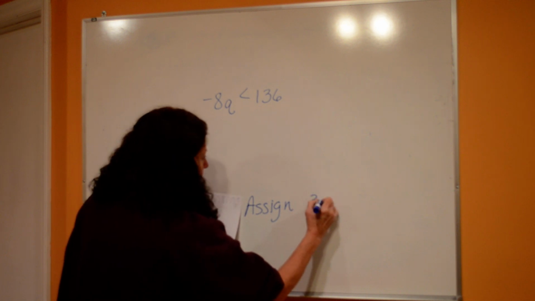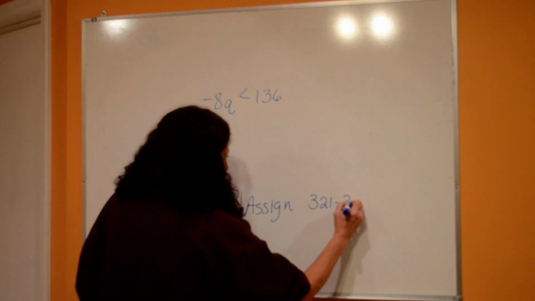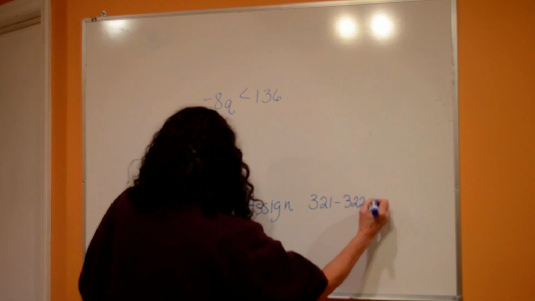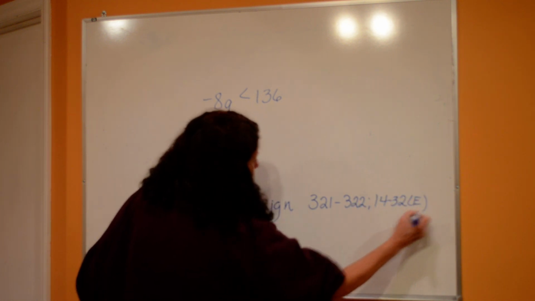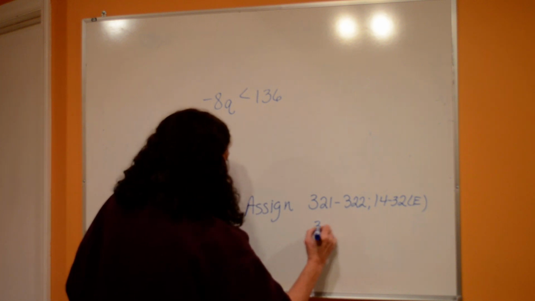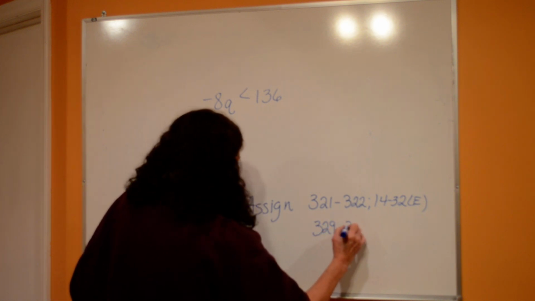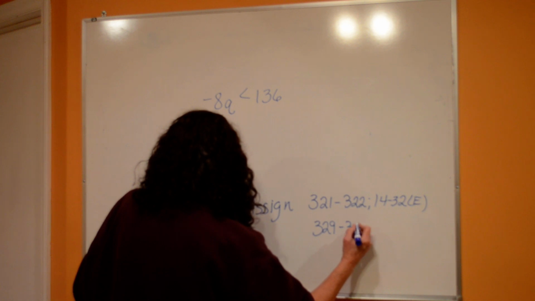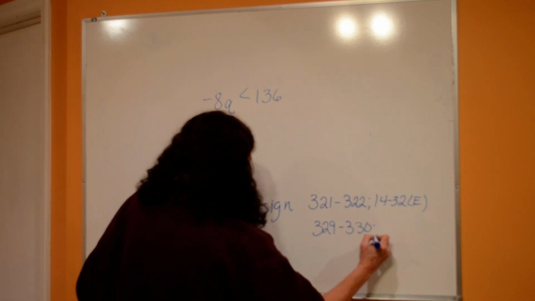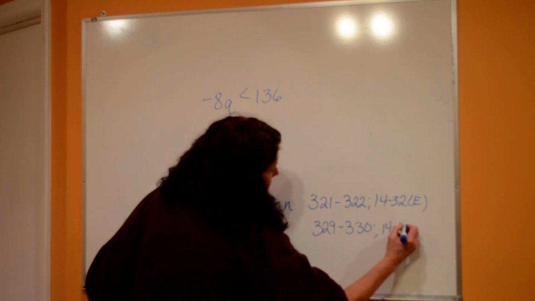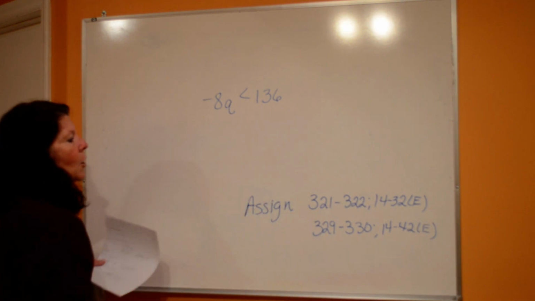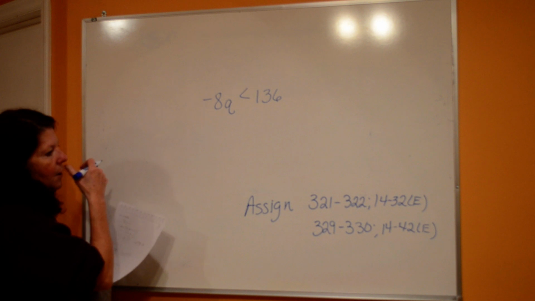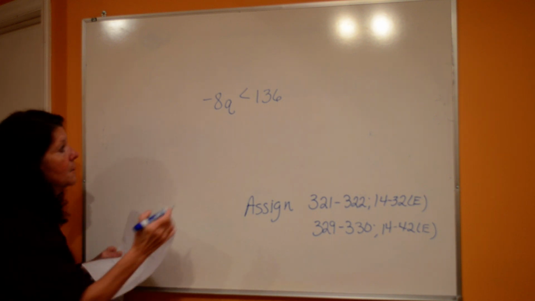So page 321 through 322, 14 through 32 even, and page 329 through 330, 14 through 42 even. Okay, that gives you your homework assignment just in case the video cuts out. Hopefully we can check this tomorrow.